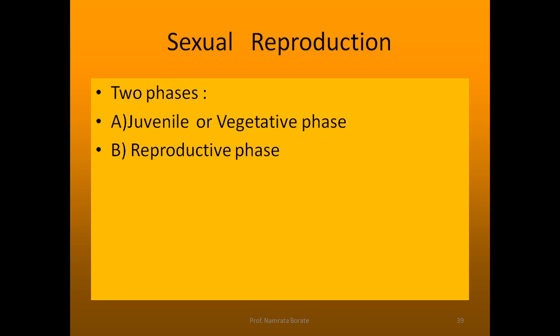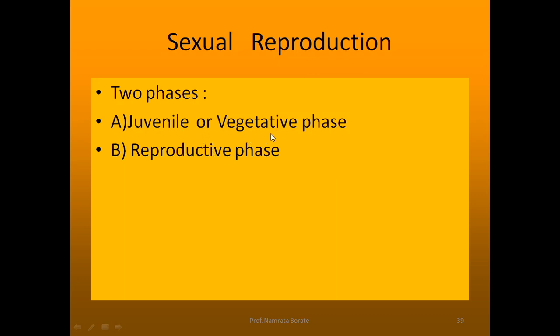Sexual reproduction involves the fusion of two compatible gametes or sex cells. Basically, in plants there are two phases: the juvenile phase, also called the vegetative phase, and the reproductive phase.